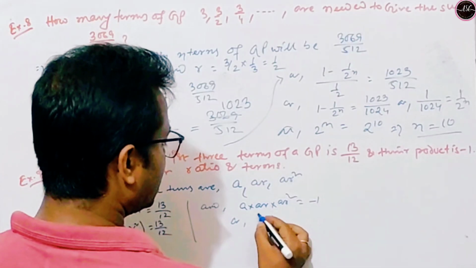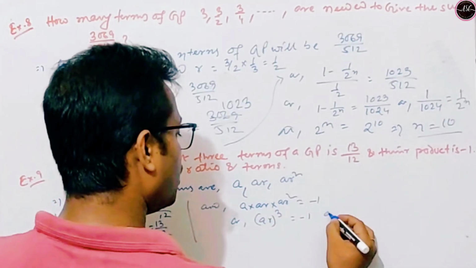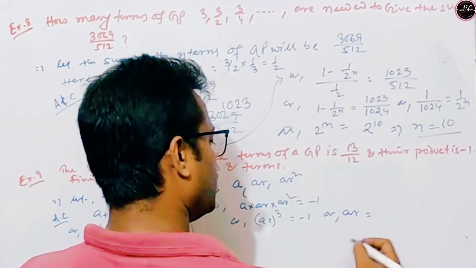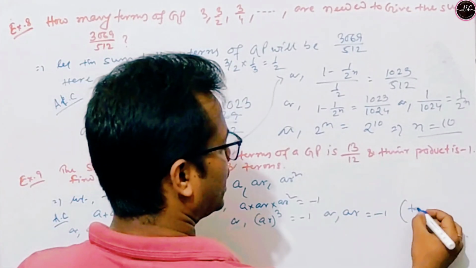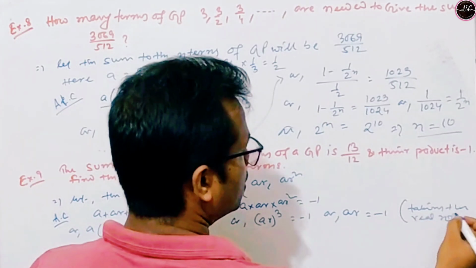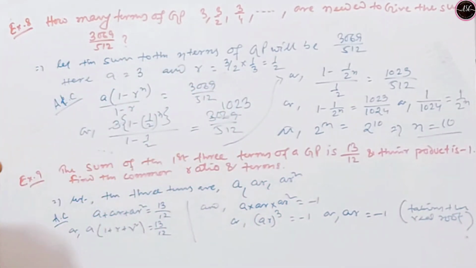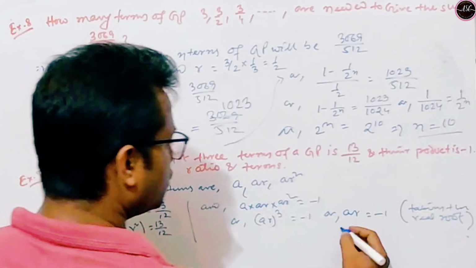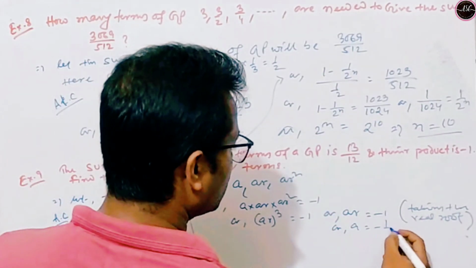So AR whole cube equals minus 1, so AR equals minus 1, taking the real roots. So here A equals minus 1 by R.